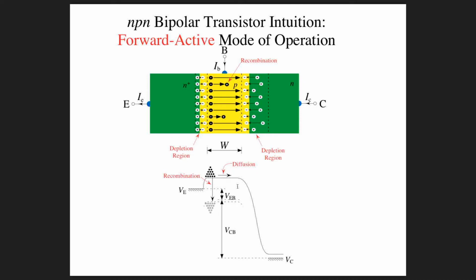And so if you think about what that means, if I increase the collector voltage, let's say, from what it is here, I'm going to make this cliff a little bit taller, but I'm effectively not going to change very markedly the concentration of electrons here.